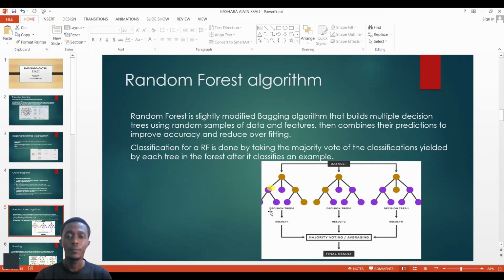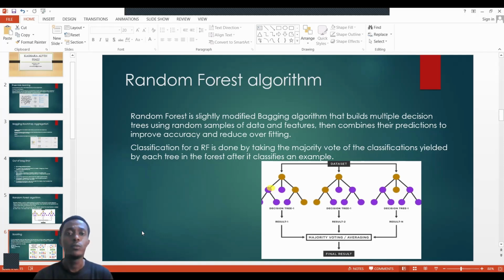After that, we come up with the results from each decision tree. As you can see, decision tree 1 gives a result of 1, then decision tree 2 gives a result of 2, and so on. So we average in regression to come out with the final result. If it's classification, we use majority voting. The vote that appears most of the time is what we take as our final result.